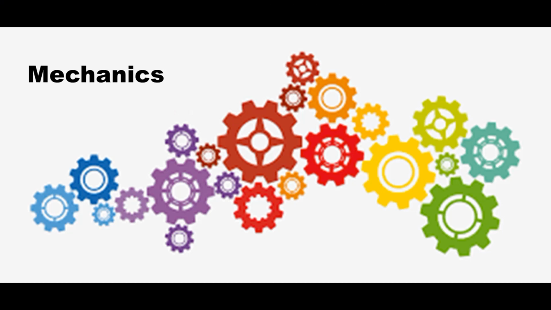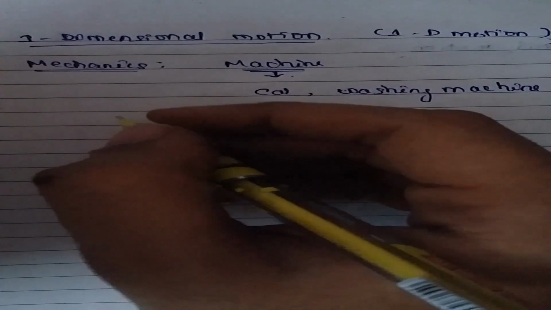Therefore, mechanics is the branch of physics in which we study the particles or bodies or objects that are at rest or in motion. Therefore we can define what is mechanics.